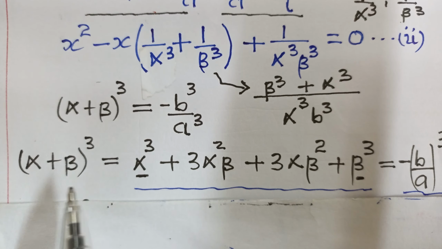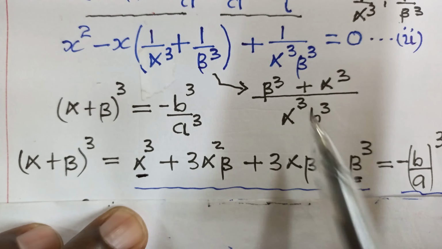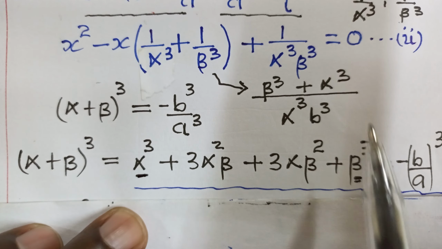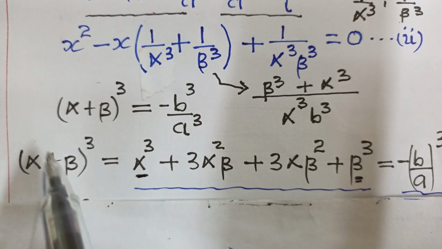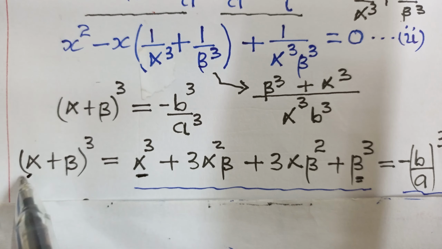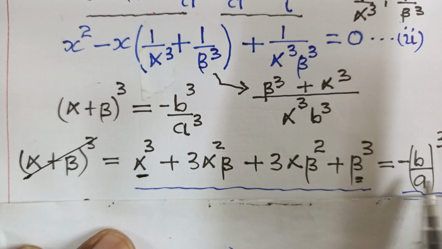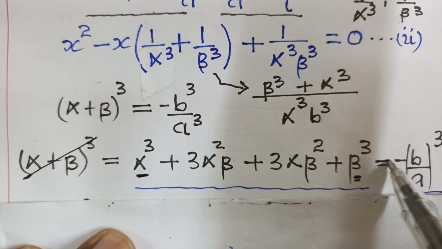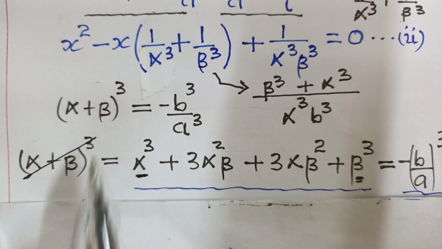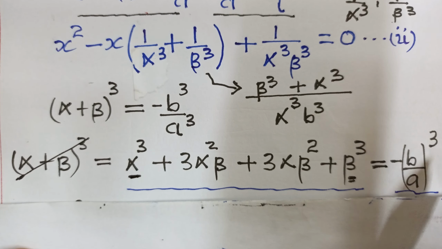Guys, we can now factor out the alpha cubed and beta cubed, as you can see them in this position. So we can leave this one alone now, it's still there. Now we deal with this, because already we have alpha plus beta into bracket cubed equals the same as negative b all over a, cubed.